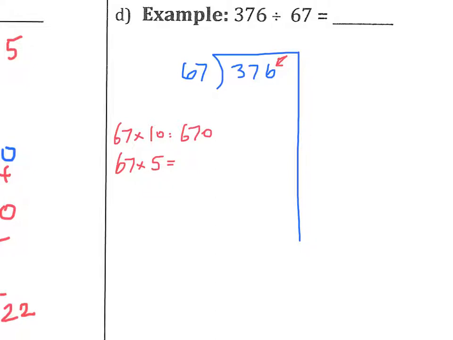And so half of 670 is 335. That's less than this. So I'm going to plug that in there. 335, and I had multiplied it by 5. 5 times 67, 335. Do my subtraction.